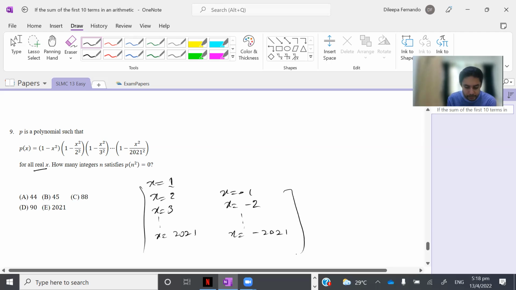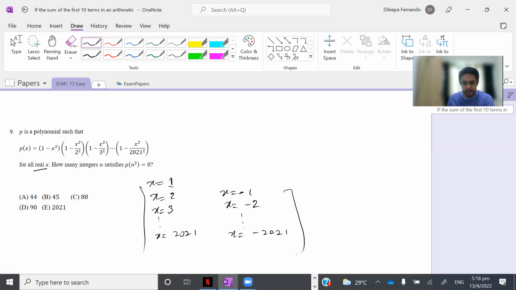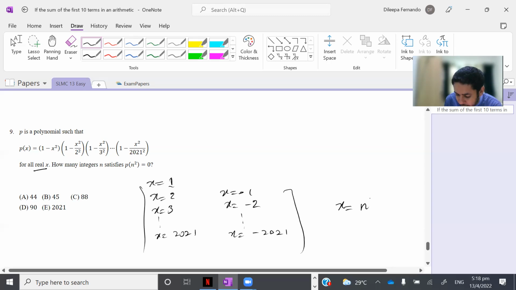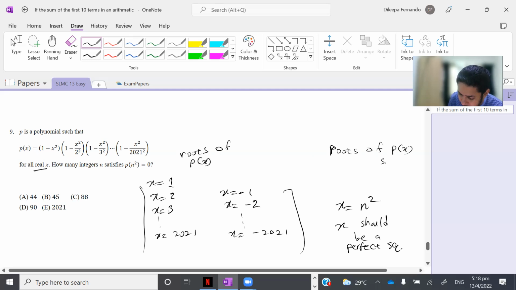Now, here the question is P(n squared). That means x should be in the form of n squared, so x should be a perfect square. So we first check the roots of P(x), such that x equals n squared.